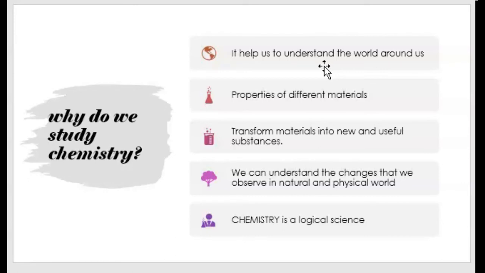Or if you are going to bake something or prepare some food, whatever you do in our daily life, you can see a little bit of chemical reaction happening there.